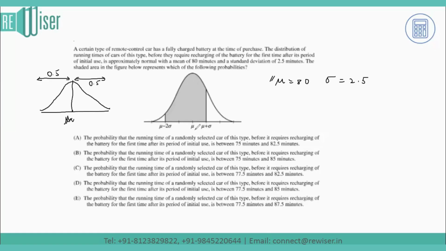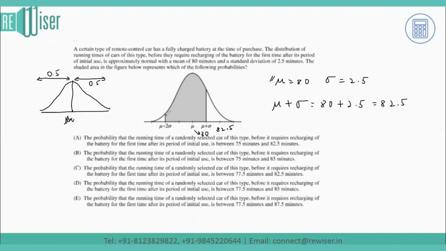So in the question they have given that the value of mean is 80, that means this value is 80, and the value of standard deviation is 2.5. So if I'm looking for this value, which is mean plus SD, that will give me 80 plus the value of standard deviation, which is 2.5, which equals 82.5. So that's the value of this arm, which is 82.5.